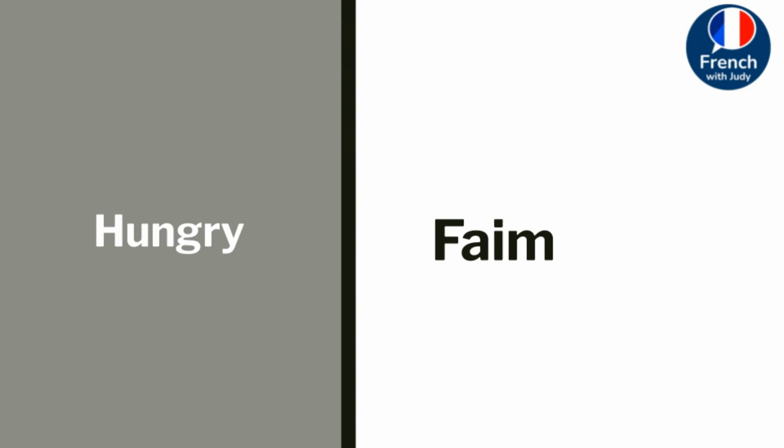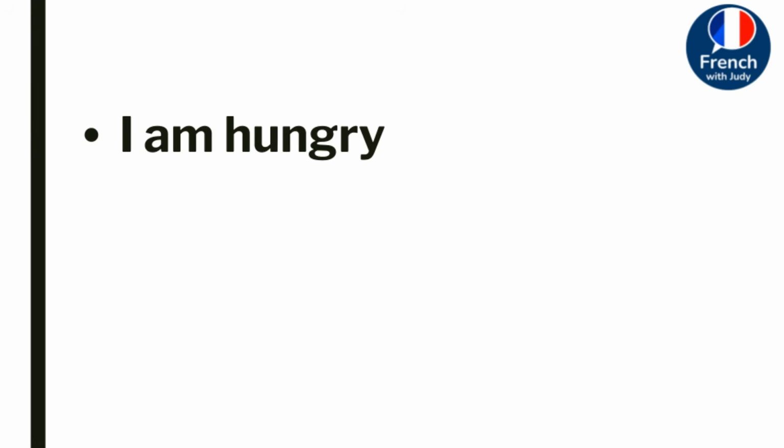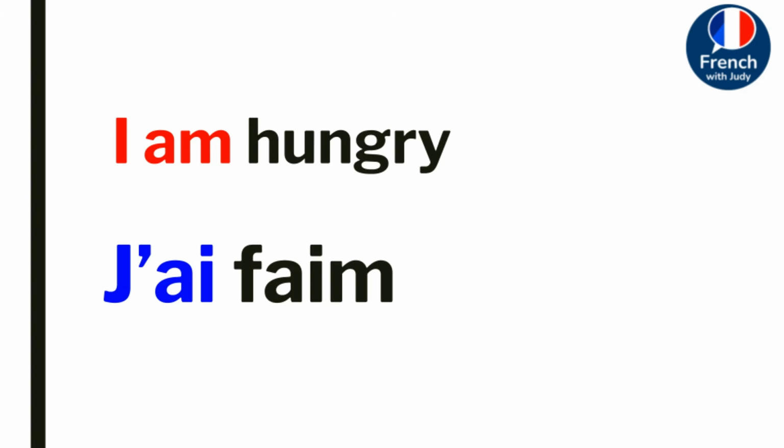Let's see a new word. Hungry in French is Faim. So to say I am hungry, we use the verb avoir, and we say, J'ai faim.